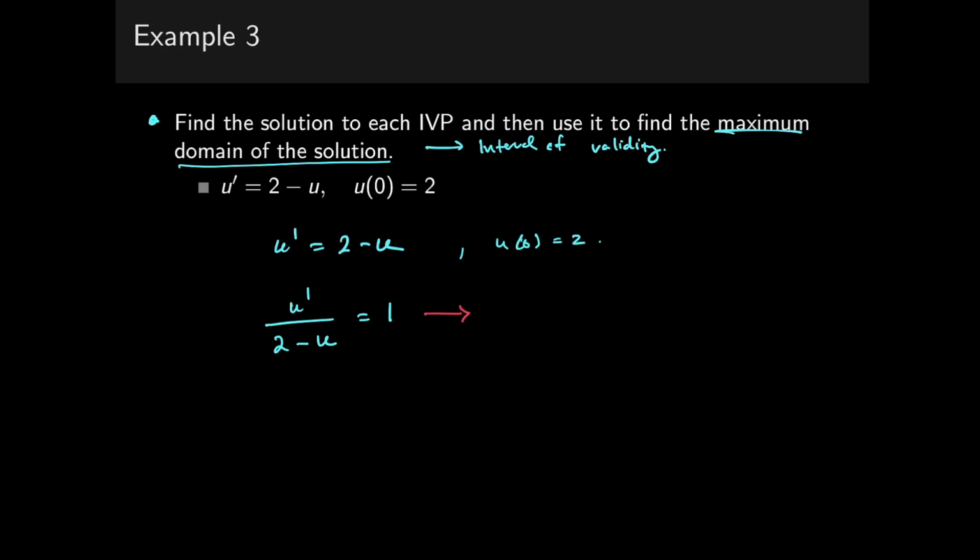Are we going to let u be 2? No, we can't let our u value be 2. So when we do this, we're saying, all right, at this point now, we cannot have u be equal to 2.